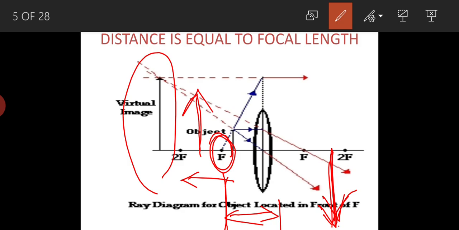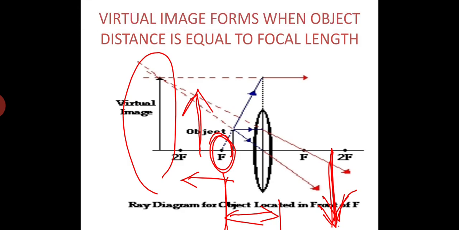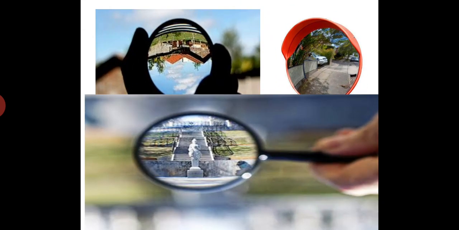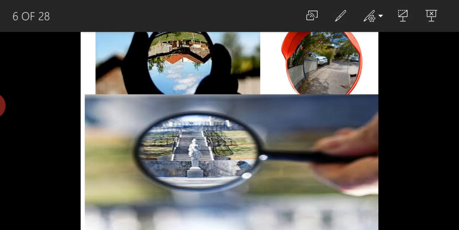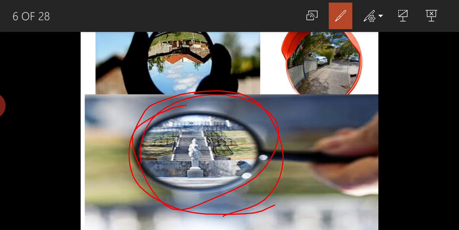So in this activity we have a chance to observe only a virtual image. Here in this picture you can see a convex lens, and inside this lens we can see the image of steps and a statue.